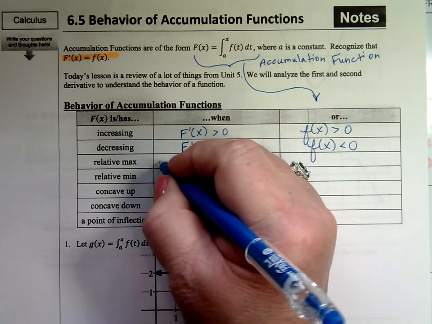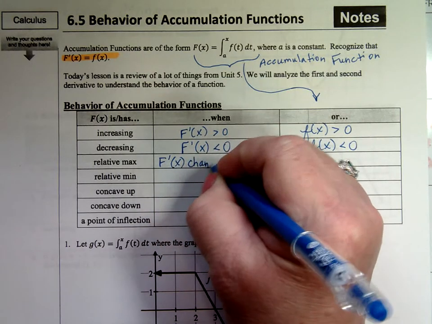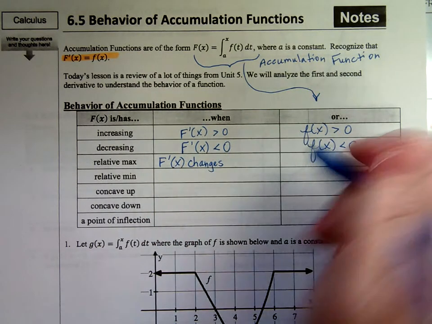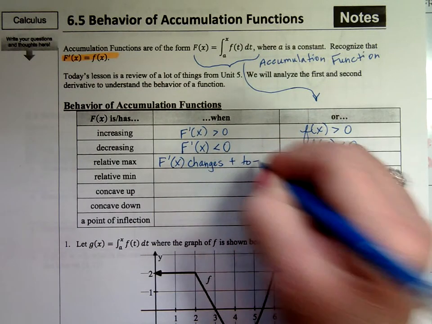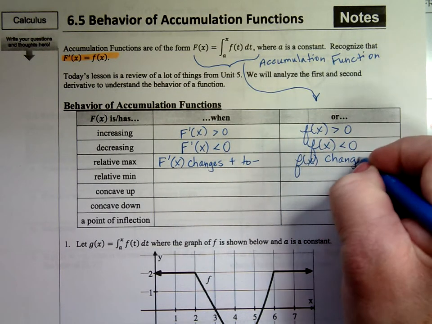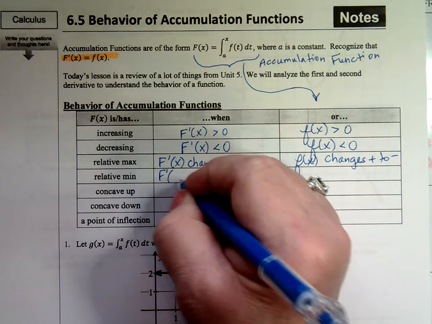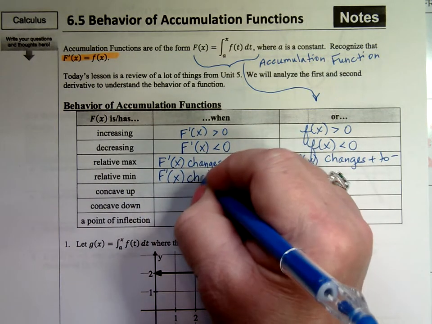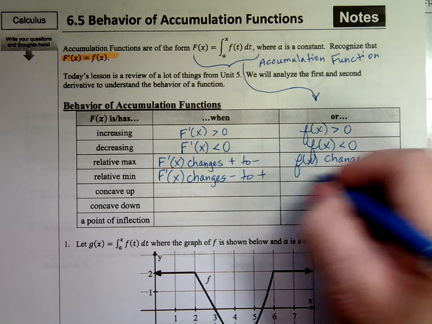We know we have a maximum when the first derivative changes. Now think about it, maximum, it changes from positive to negative, increasing to decreasing. We know we have a minimum, vice versa.